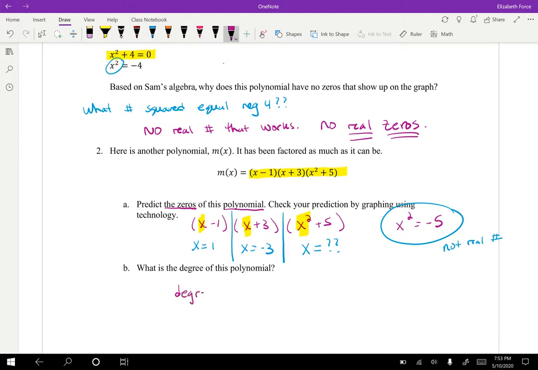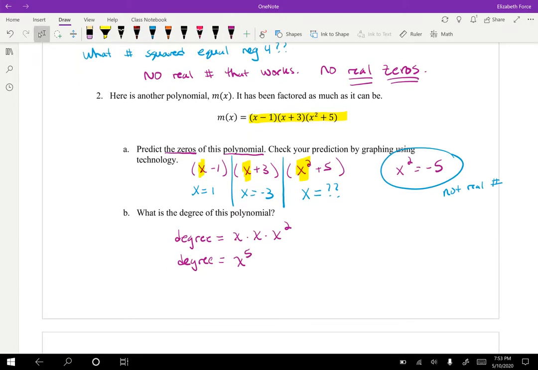So our degree is x times x times x squared, so x to the 5th. According to the fundamental theorem, I should have 5 zeros. Oh, I'm sorry, it's not x to the 5th, it's x to the 4th. Silly. With x to the 4th, I should have 4 zeros.